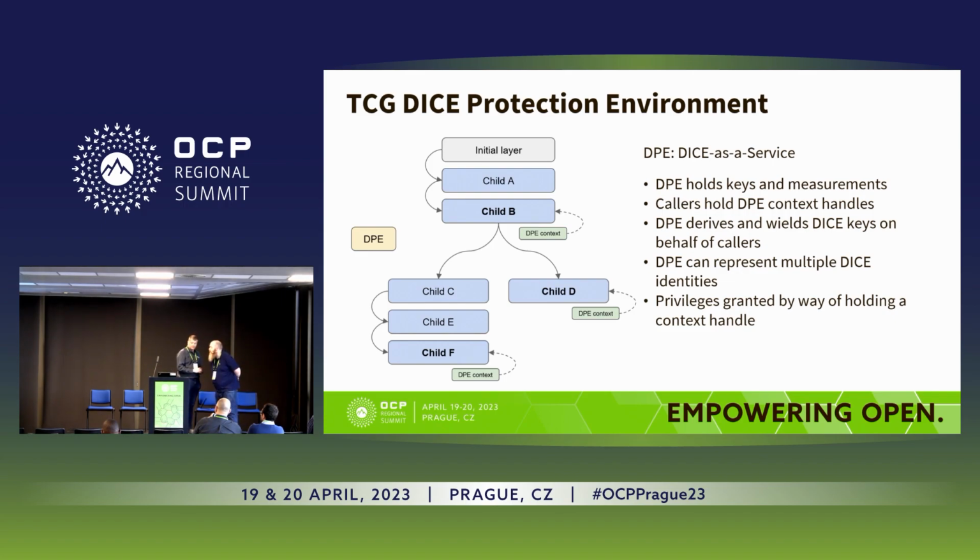Yes, so the architecture of working with Caliptra as an IROT is this TCG DICE Protection Environment, DPE, which can be thought of as the API towards it. A little bit about DICE to start with. DICE is basically a specification that you can quickly describe as a device unique secret.